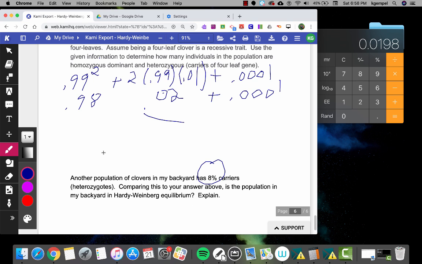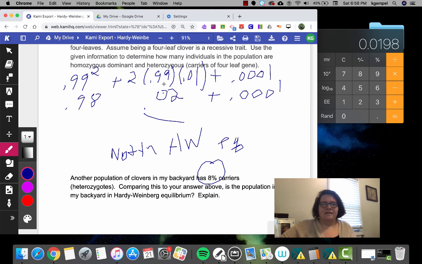So all that we can say is that the population is not in Hardy-Weinberg equilibrium, because the frequency is not 2%, it's 8%.